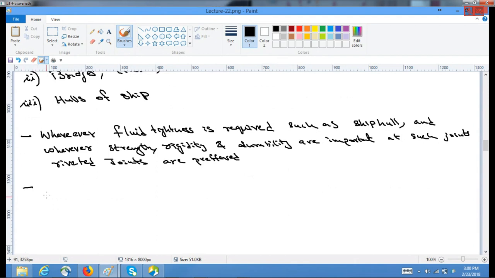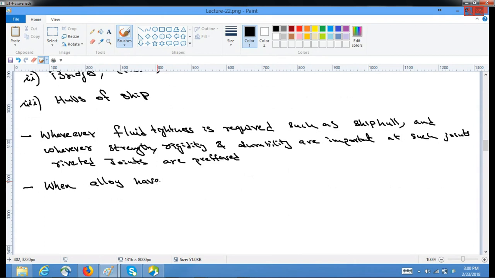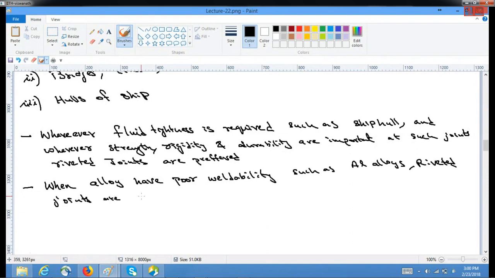Further, when alloys have poor weldability, such as aluminum alloys, riveted joints are preferred.